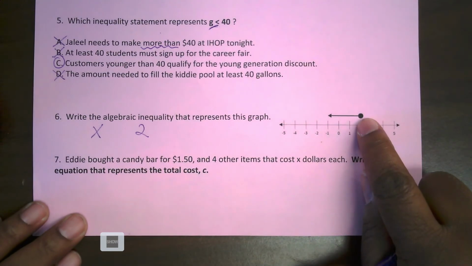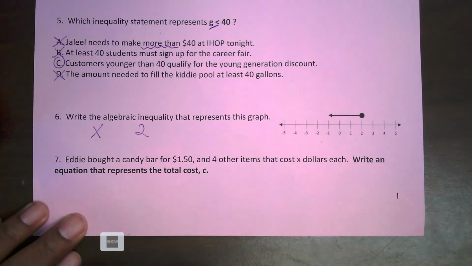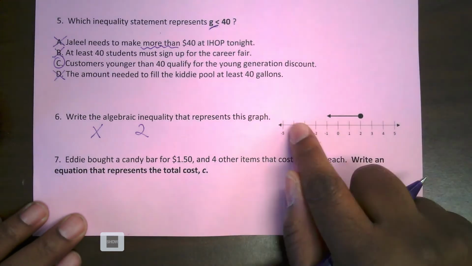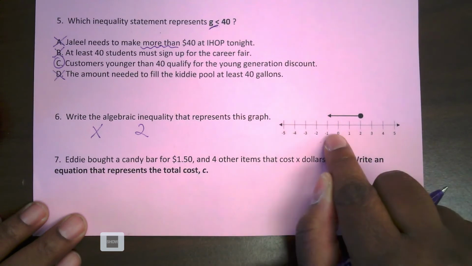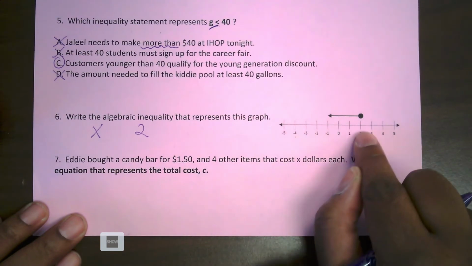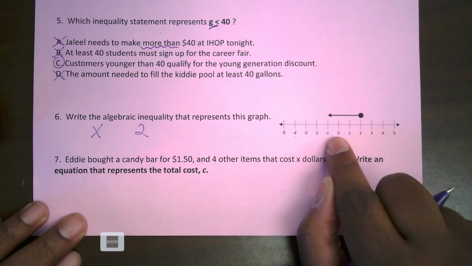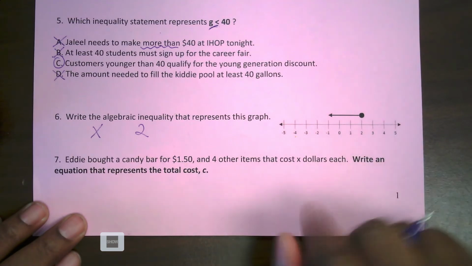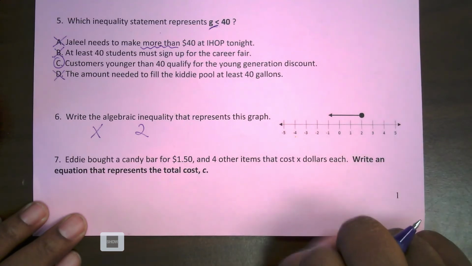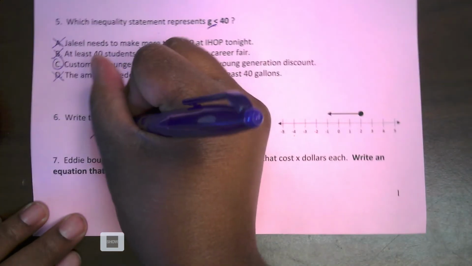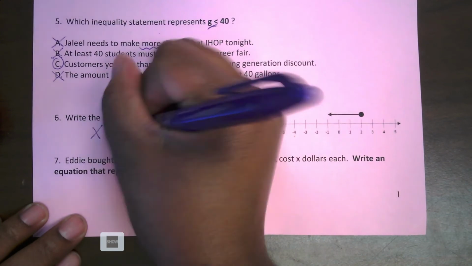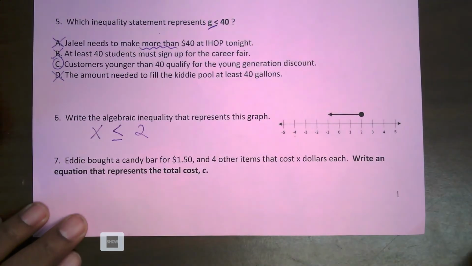That means it's going to be greater than or less than, but also equal to, because it has a closed dot over 2. So let's see the direction of the arrow. It's to the left where the numbers are getting smaller. Because we start at 2, then go to 1, 0, -1, -2. Those are smaller numbers. So I'm going to say that X is less than or equal to 2. That's my inequality.